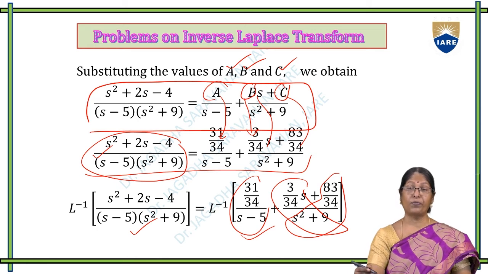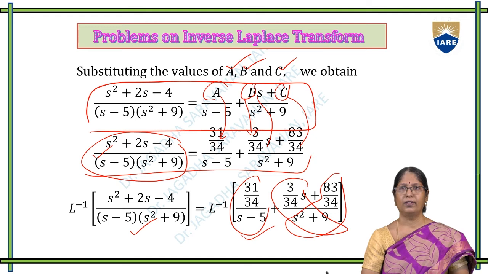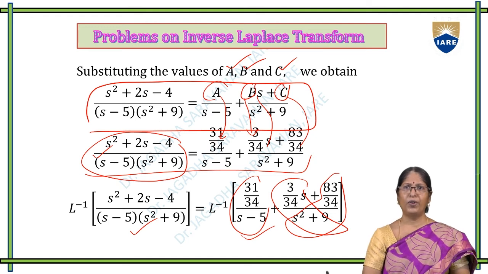But for L inverse of three functions together, we don't have such formulas. If it is a single one, we have the elementary functions, the basic formulas, and we can solve. So how can we take this L inverse for the three different functions?